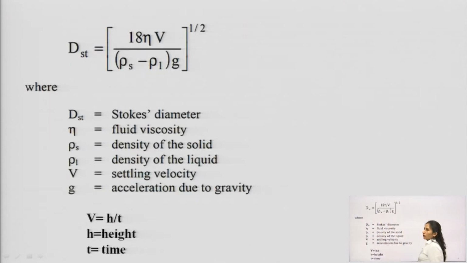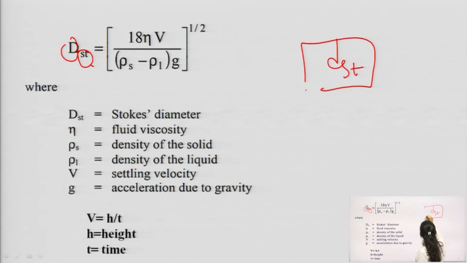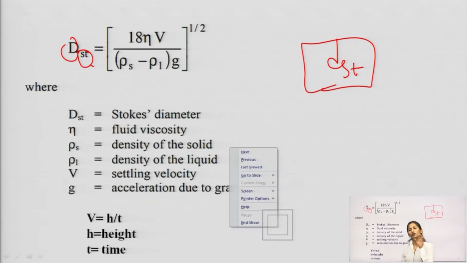This is the Stokes formula, dSt. See, d is the diameter, St for Stokes. So anywhere it is written dSt, by seeing this dSt we can identify that this is the equivalent diameter, and which type of equivalent diameter, what parameter we have considered, that is the Stokes diameter, that is the rate of sedimentation.